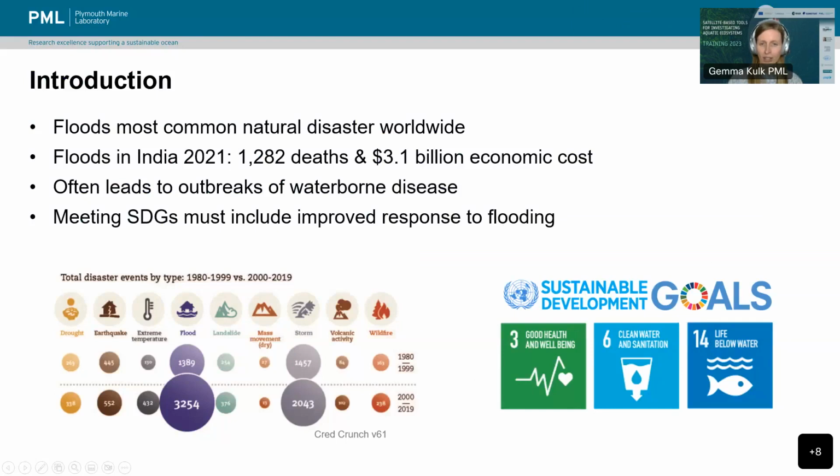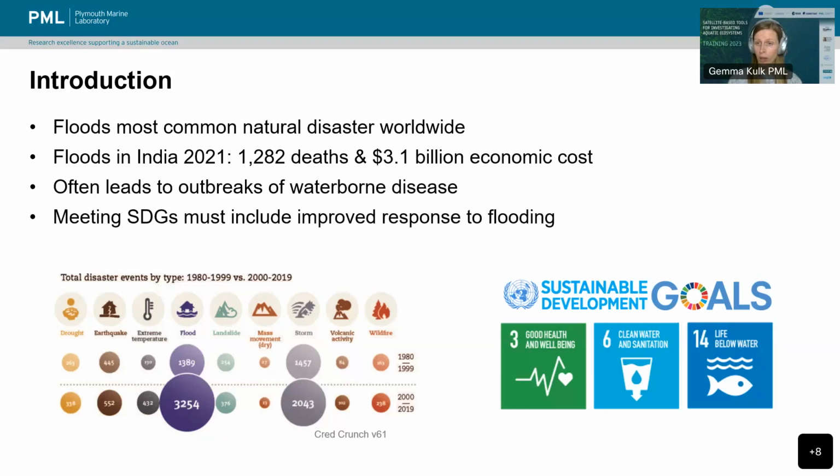If we look at the total disaster events by type since the 1980s, in the figure at the bottom left, we see that floods are the most common natural disasters worldwide, with over 3,000 events in the last 20 years. We also see that the occurrence of floods worldwide has increased considerably in the past decades, with over a doubling of events from the period of 1980 to 1999 to 2000 and 2019.